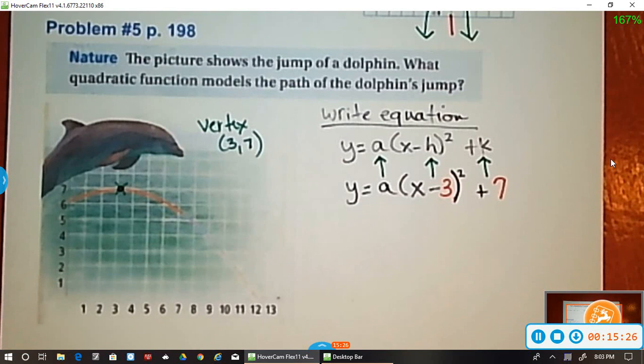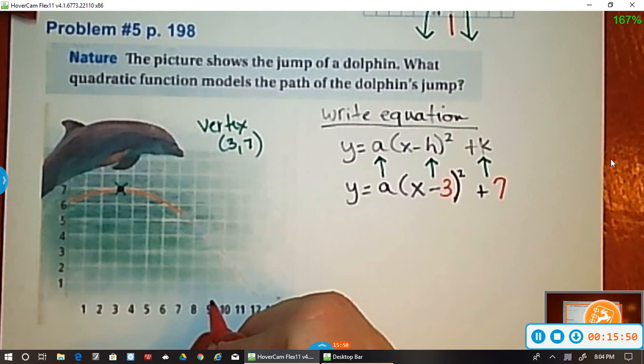So all I have to do now is figure out what my a value is. Well, I know a is going to be negative because this is a parabola that opens downward. But I don't know what that a value is. So here's what we've got to do. We've got to pick another point on this graph where it touches an ordered pair where the x and the y are both whole numbers.